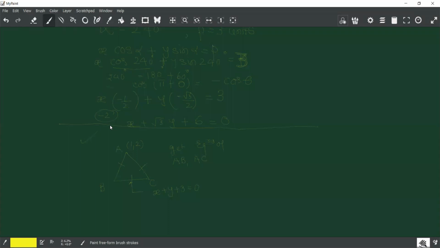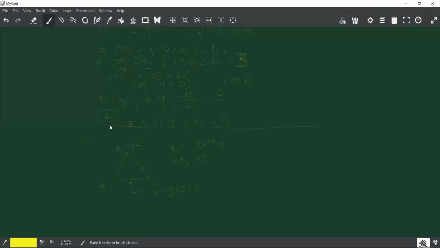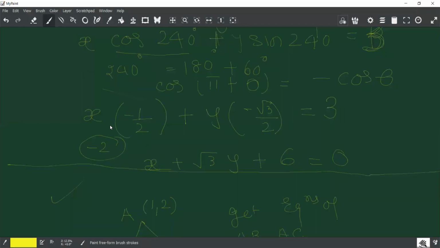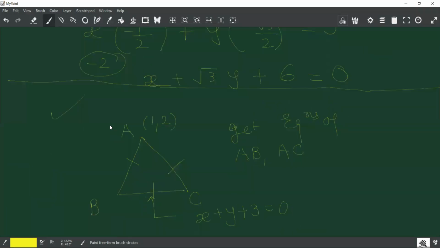Yes, Bhavesh, tell me. Zoom in very much, but then you are not able to see the whole. Is this okay?